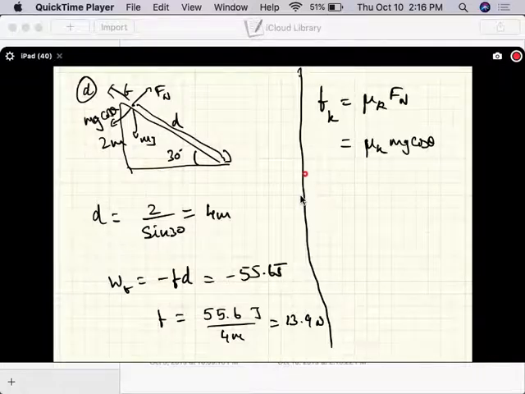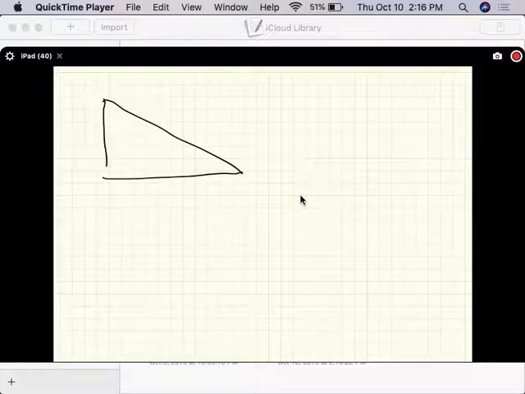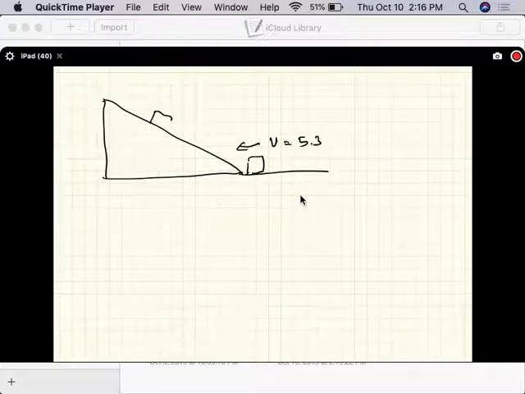So now let's get the object going up. Let's add a page below. All right, so we got the block going at 5.3 meters per second. It comes to rest at that distance, d final.